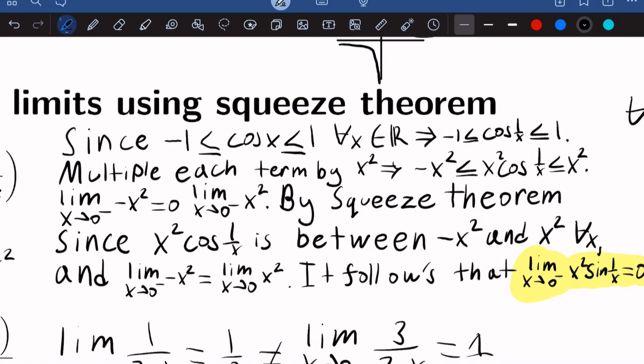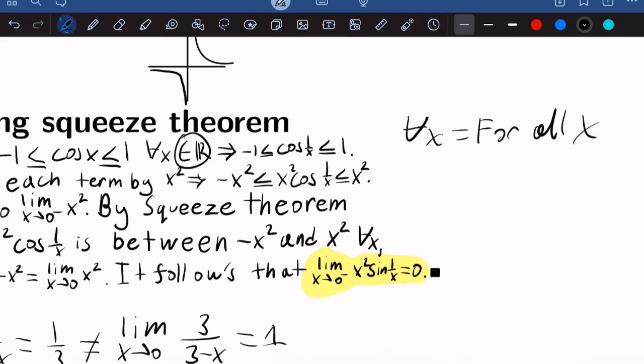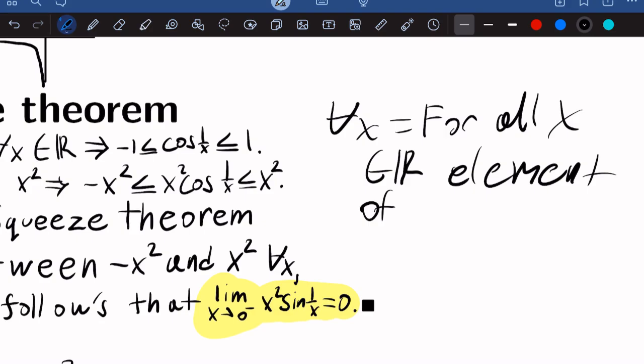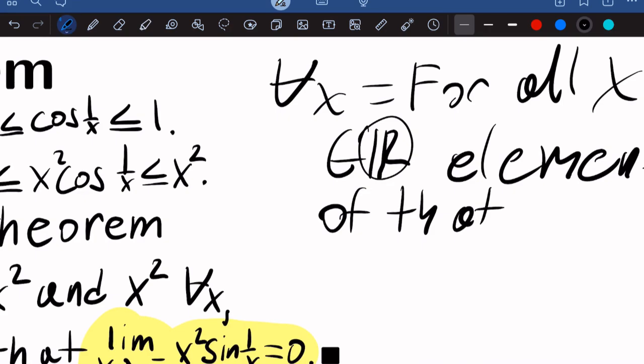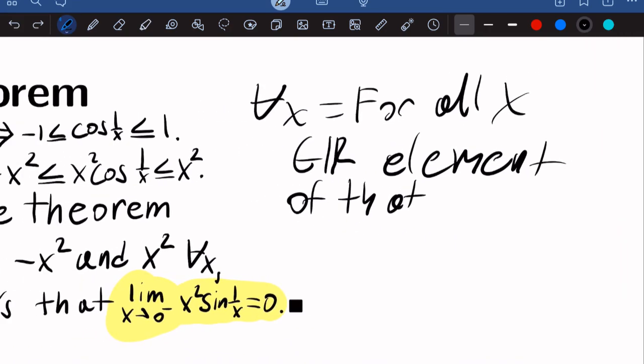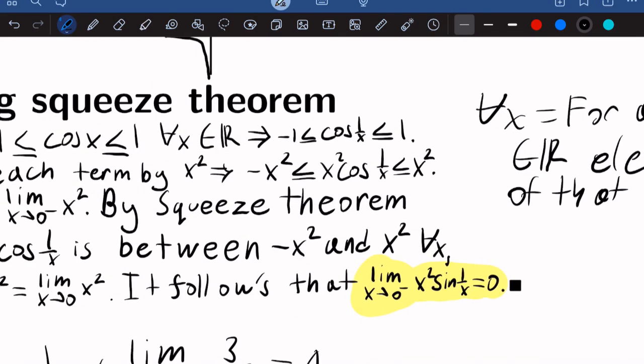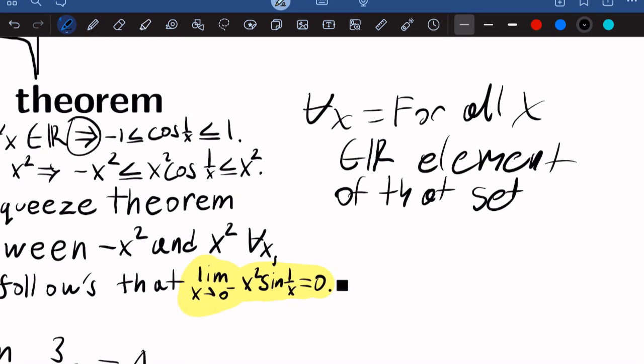This means it's an element of that set, and in this case your set is the real plane, which is all real numbers, so no imaginaries. And then this one, the little arrow, means implies that.